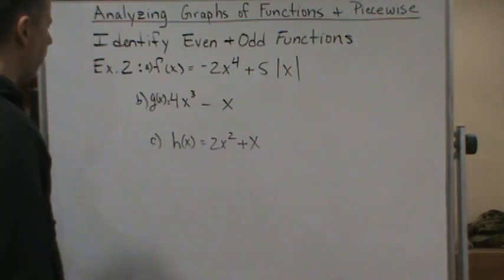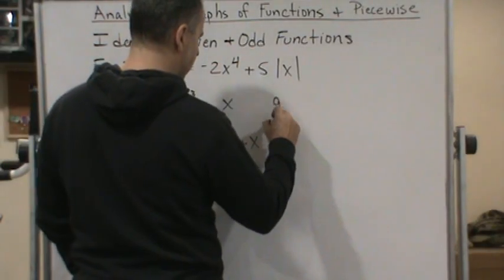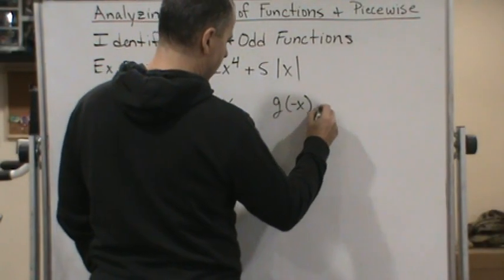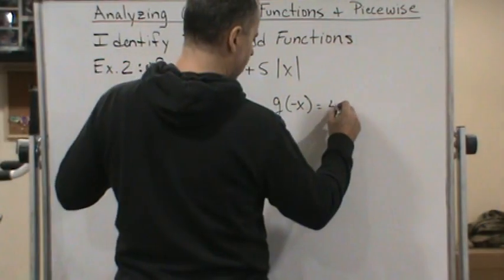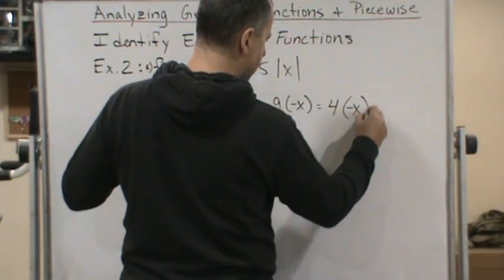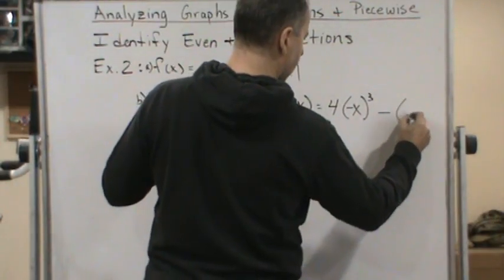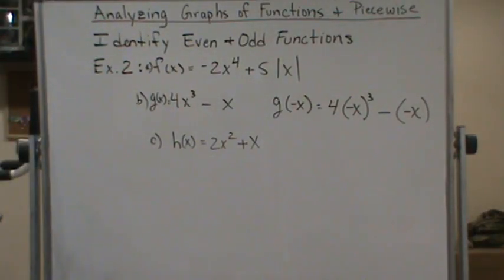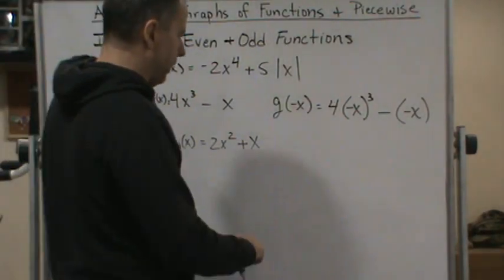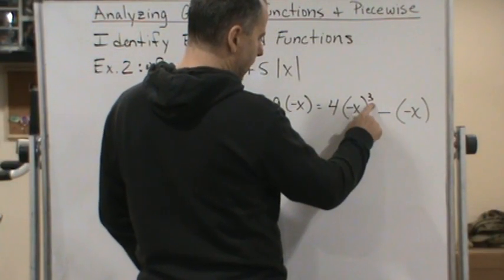Now, what about g of x? Well, let's do g of negative x. That's going to give us 4 times negative x to the third power minus negative x. Let's see what happens with this one. Now, this one here is negative x to the third power.